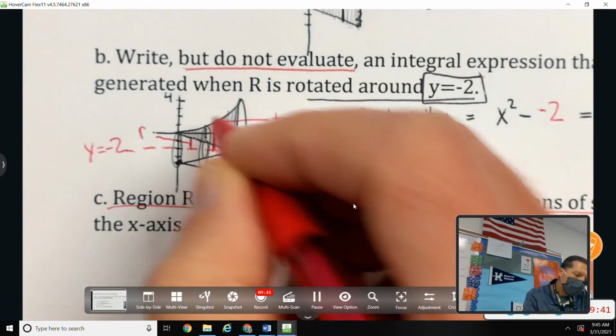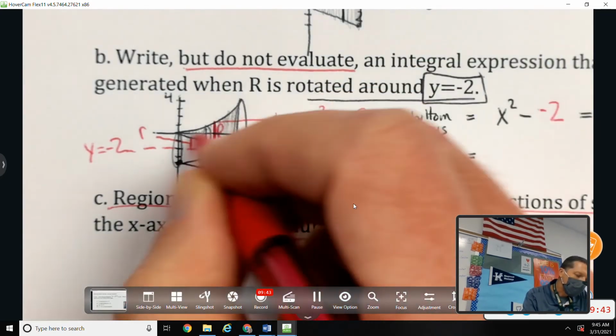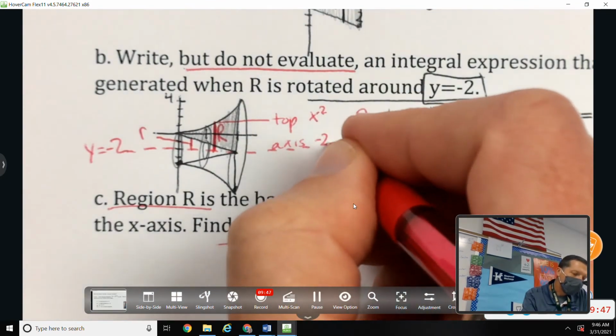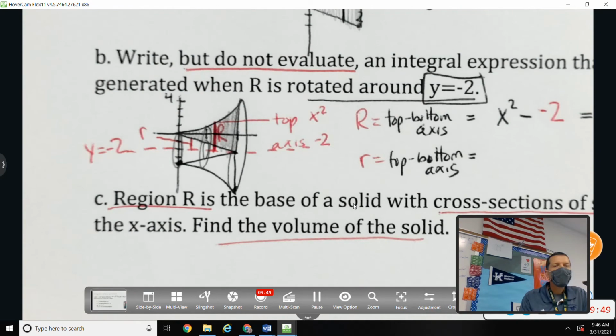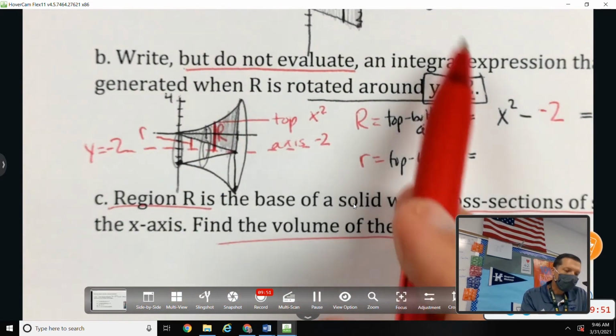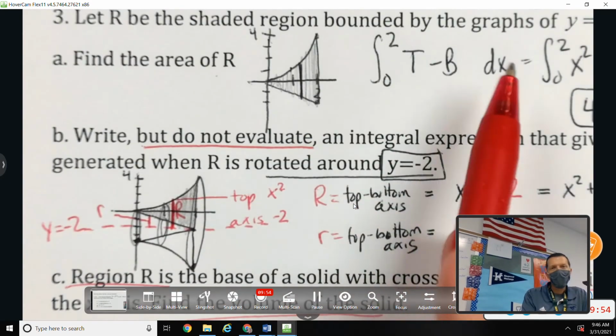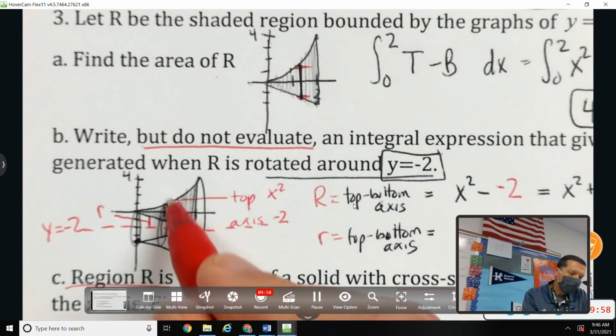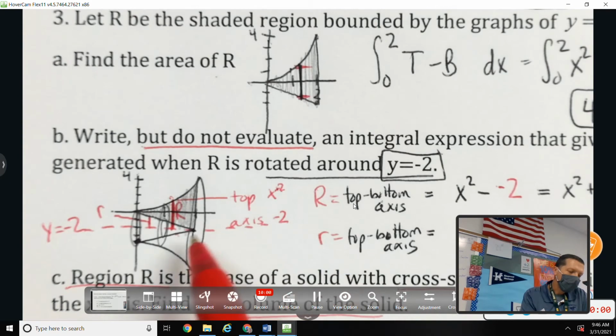Well, the top of that thing is x squared. That's the graph of x squared. The axis is just y equals negative 2. So the distance is a little bit related to what we did in this one, where it's top minus bottom. We're trying to get this height. Top minus bottom: x squared minus negative 2.